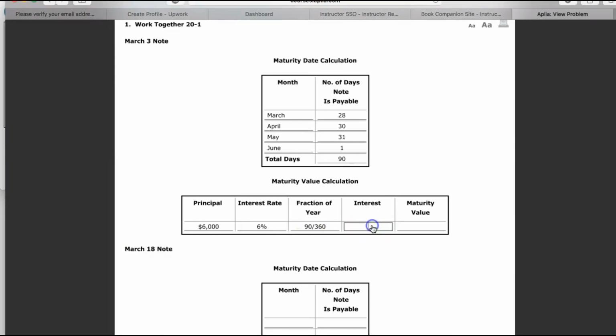The interest then will be $90. That will make our maturity value the principal plus the interest, so that'll be $6,090. And we are done now with the March 3rd note.